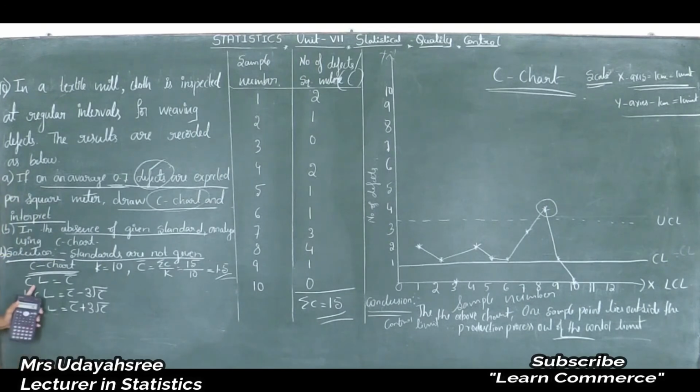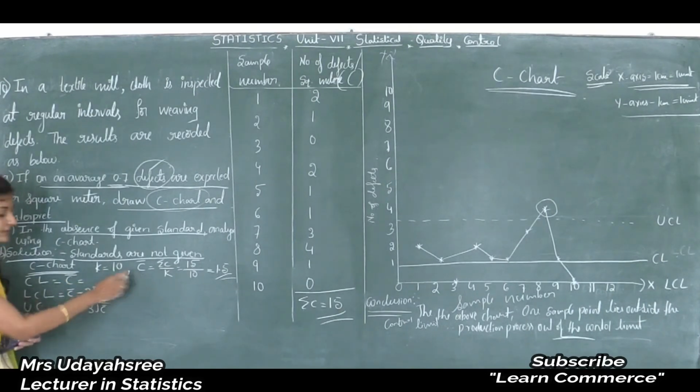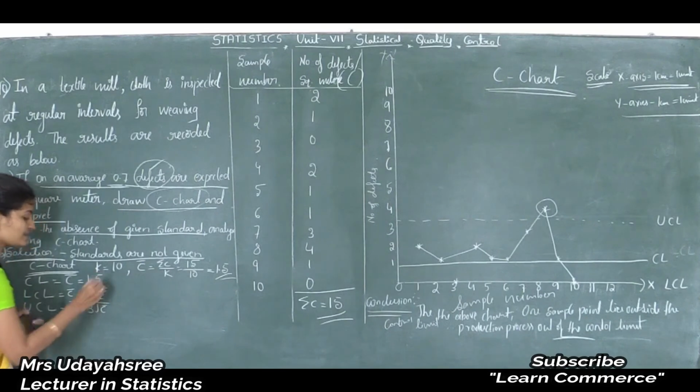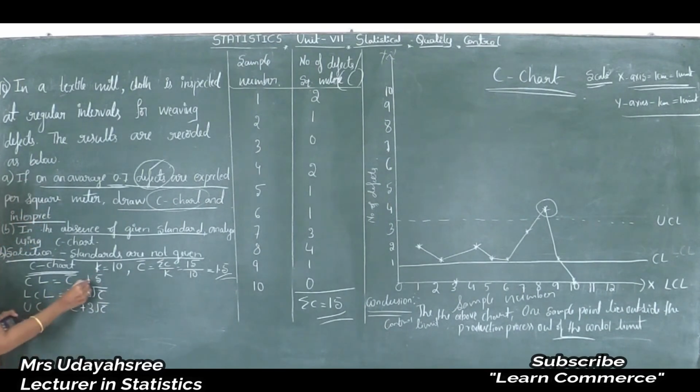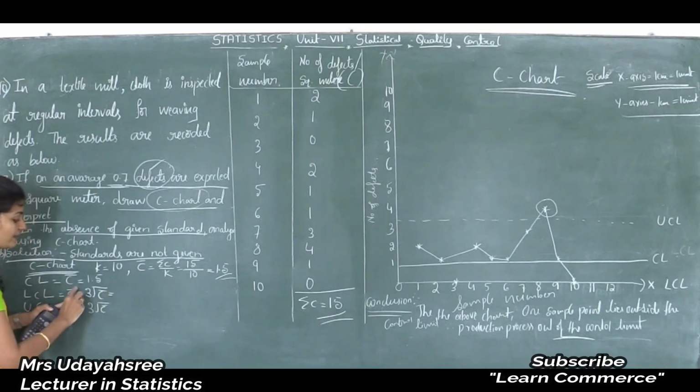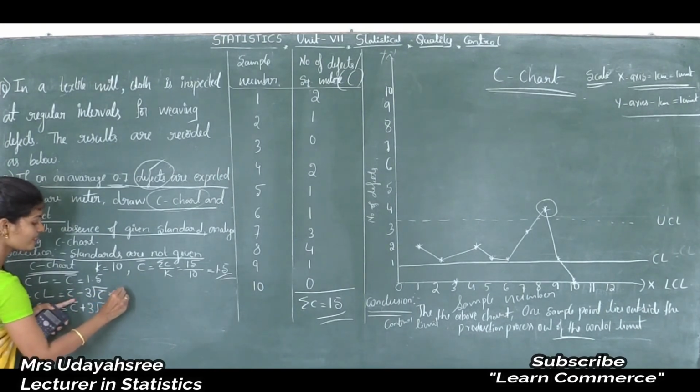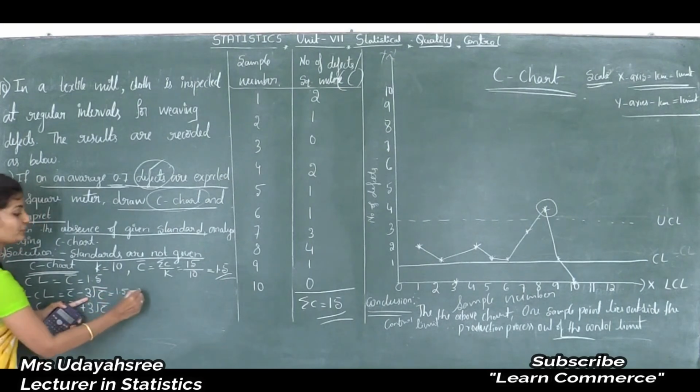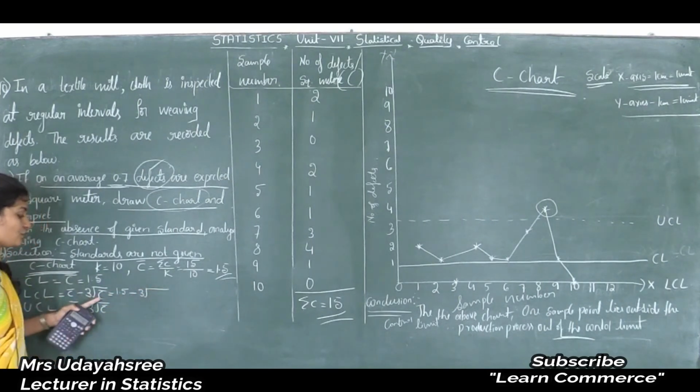Now to calculate central line of C chart in standards are not given case, the formula is C bar. So C bar value we already calculated, that is 1.5. So in the place of C bar I will substitute 1.5. Next, to calculate lower control limit of C chart in standards are not given case, the formula is C bar minus 3 into square root of C bar. See here C bar value is 1.5 minus 3 into square root of C bar.